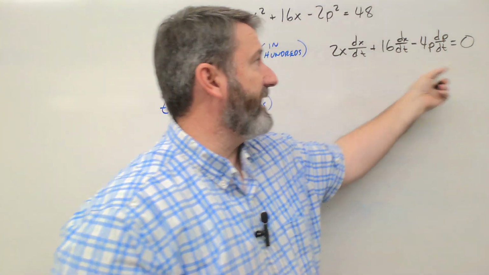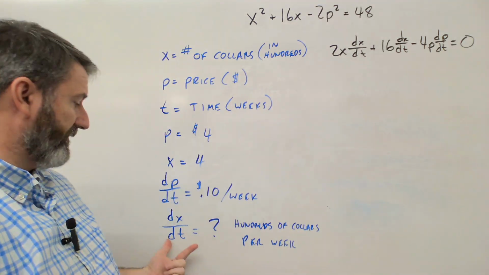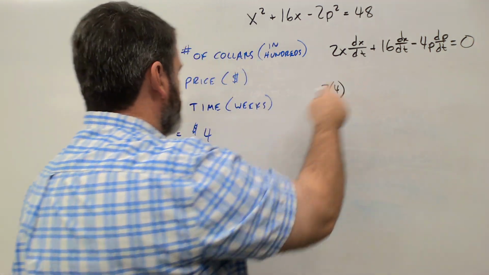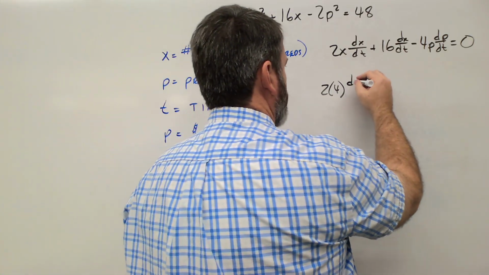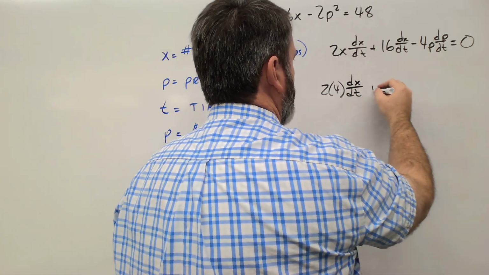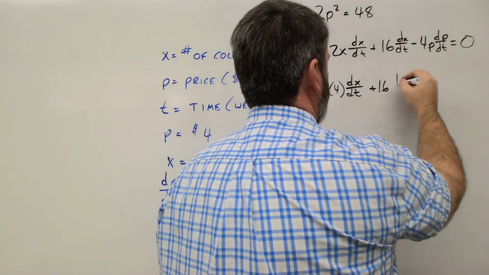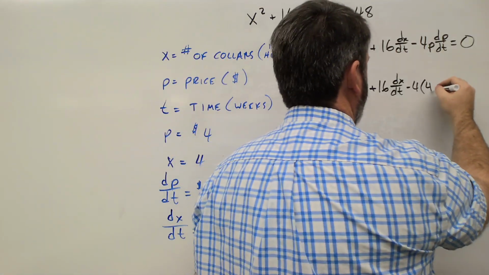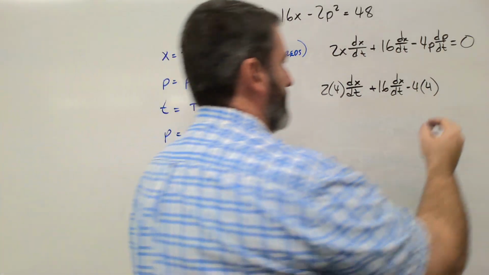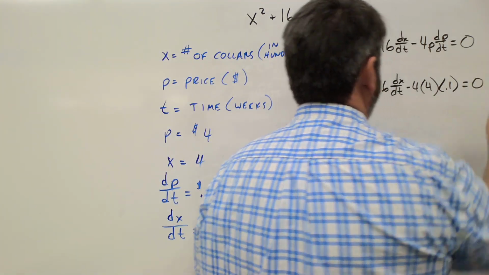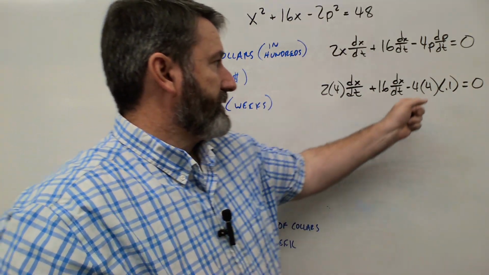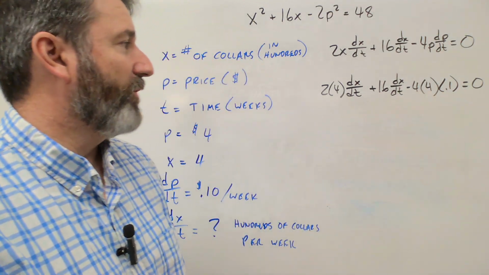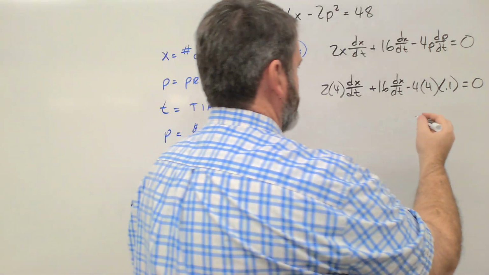All right, now let's stick in everything that we know and solve for dX over dt. So we know X is 4, so 2 times 4. We don't know dX over dt, so we're just going to leave that as dX over dt. Plus 16 times dX over dt minus 4 times P, which is 4, times dP over dt, which is 0.1. And that's equal to 0. So negative 4 times 4 is 16 times 0.1 would be negative 1.6.